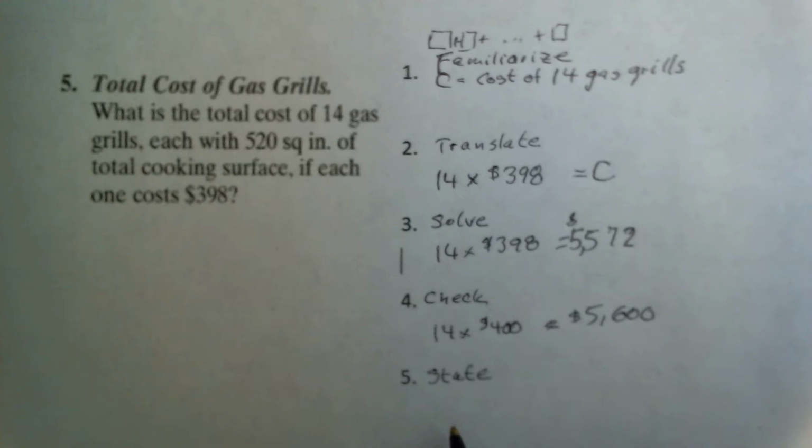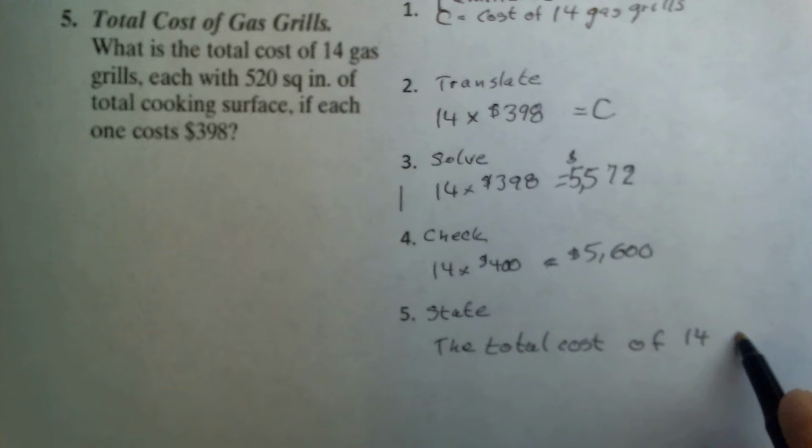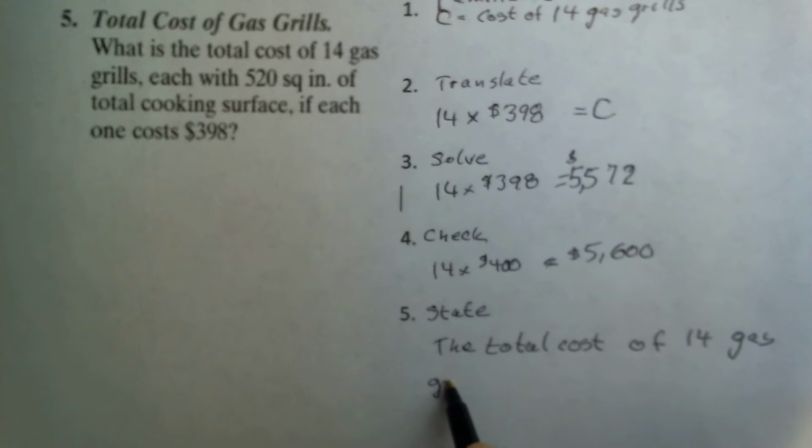So we now state the total cost of 14 gas grills is $5,572.